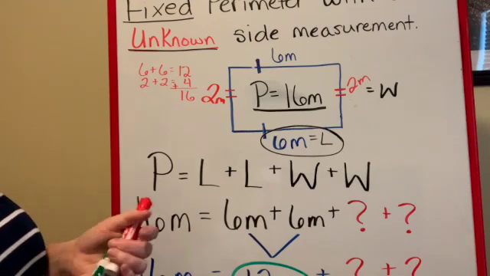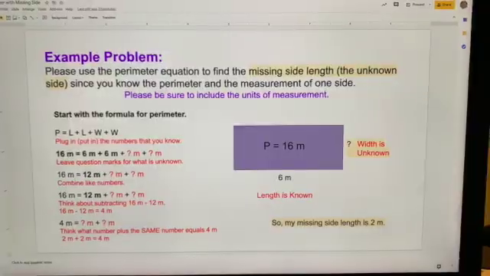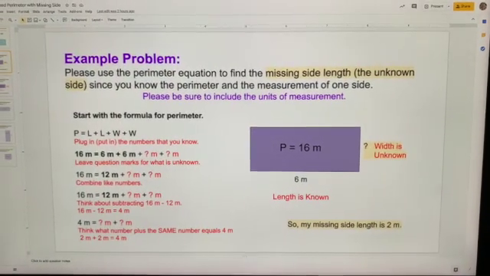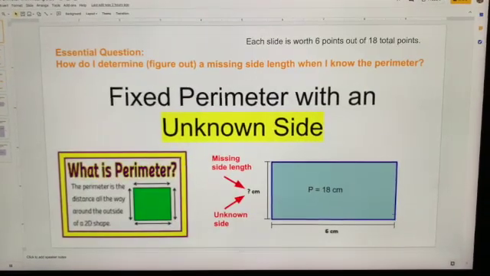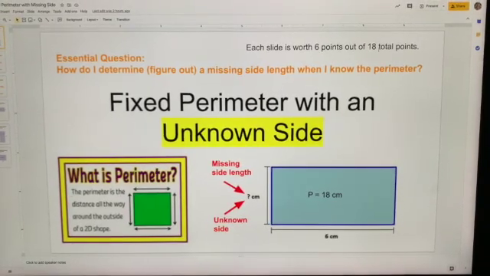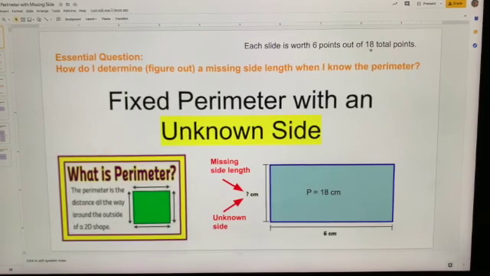Let me show you the example on your work. I purposely did the same problem as your example problem on your work for today. So this is the first slide. It tells you that each slide is worth 6 points and that there are 18 total points for you to get on this assignment.